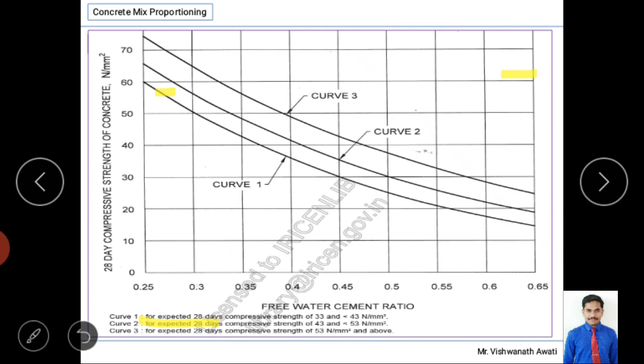That's why we are referring to curve 2. If you see curve 2, we got 48.25 approximately, and that arrow mark is not exact, but you can assume it is 48.25. For 48.25 we are getting approximately 0.36. It is the free water cement ratio. The X-axis is the free water cement ratio, that you can see 0.36 for 48.25 compressive strength.